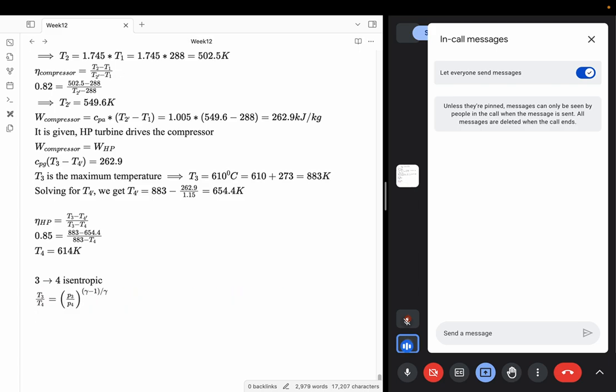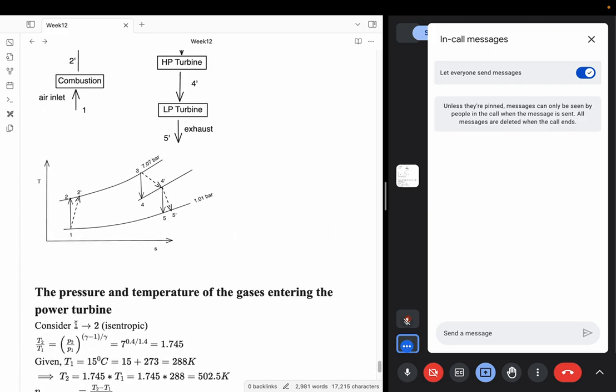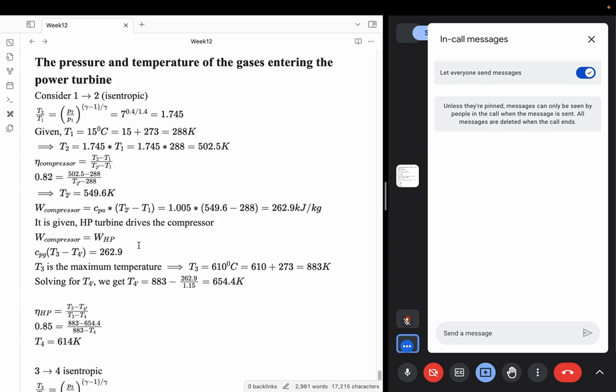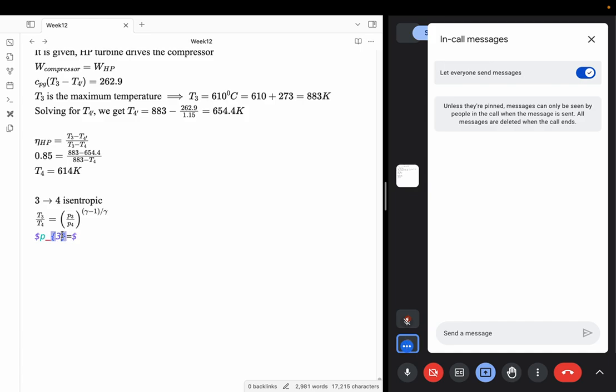From this we need to calculate the pressure. You know all the values: P4 we know is 1.01 bar, T3 by T4 we know, T3 we calculated as 883 Kelvin, and gamma is also known. So we can solve directly. Sorry, P3 is already known as 7.07 bar. We need to calculate P4. P4 can be solved directly, and that comes out to be around 1.66 bar.